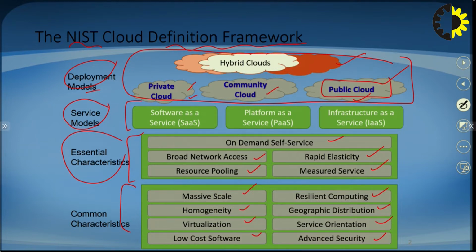Public cloud means the vendor provides the services to the consumer through a public network like the internet, an open network, and these services are very general and generic in nature. That means anybody can use them, they are not designed for some particular consumer. So that is the public cloud.